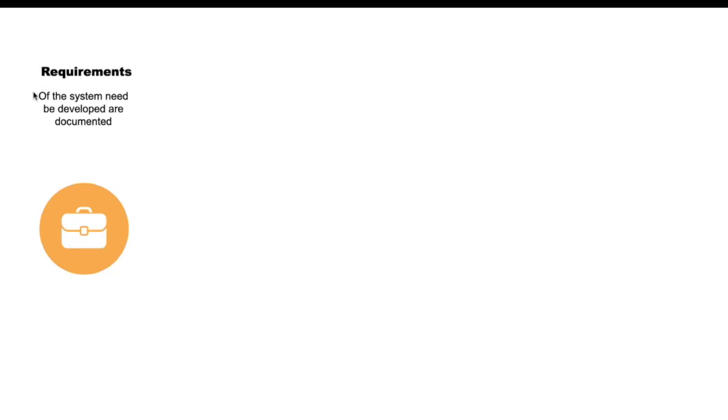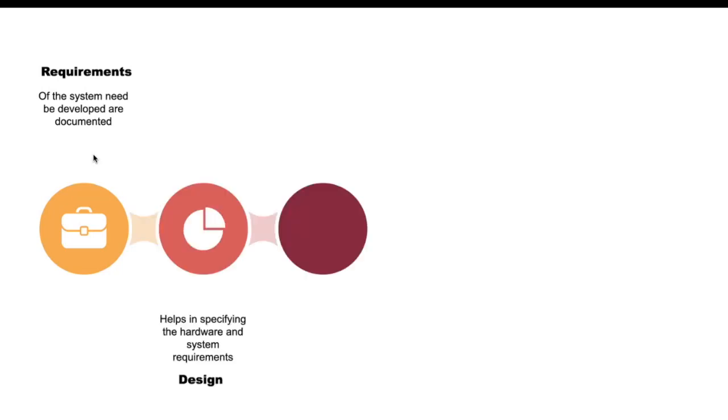In the waterfall method, first is the requirement stage, where the system requirements are gathered and documented for the software development. In the next stage, they design what hardware and software are required.